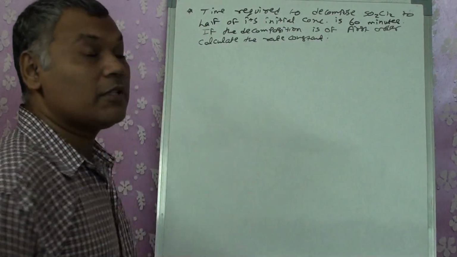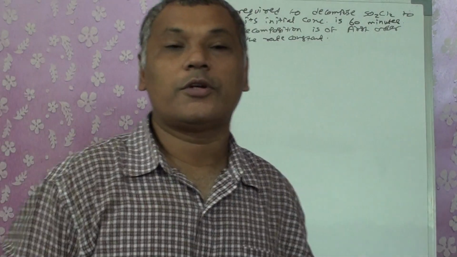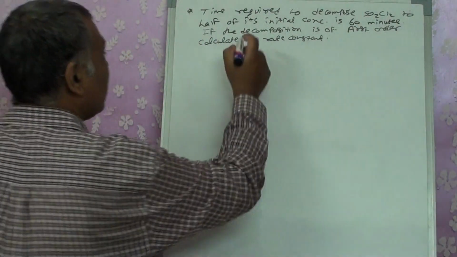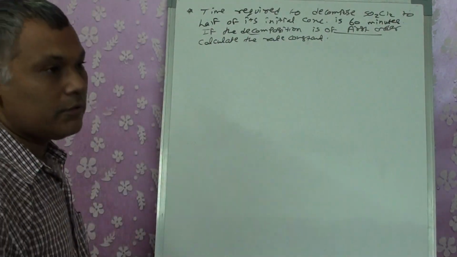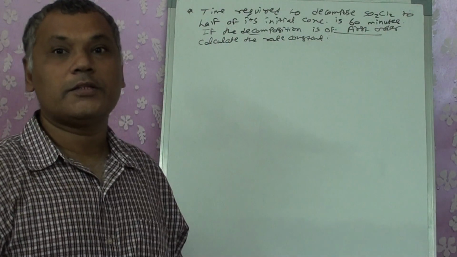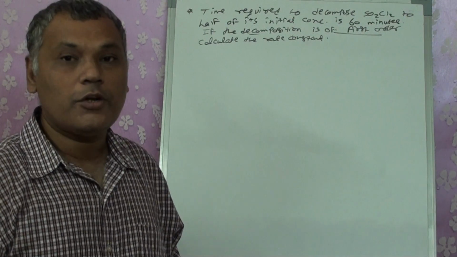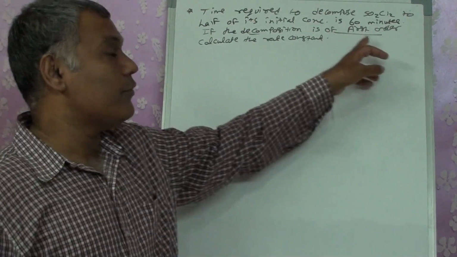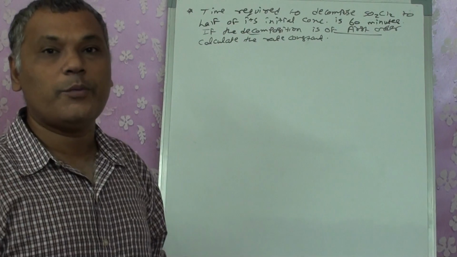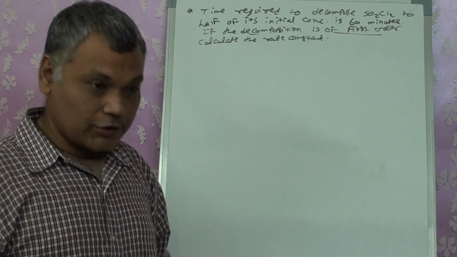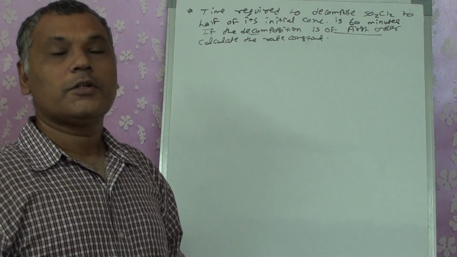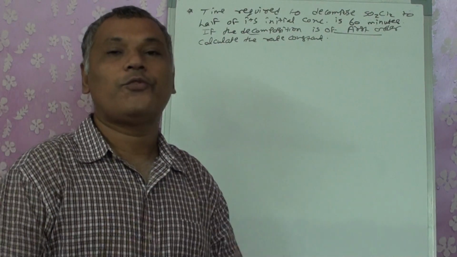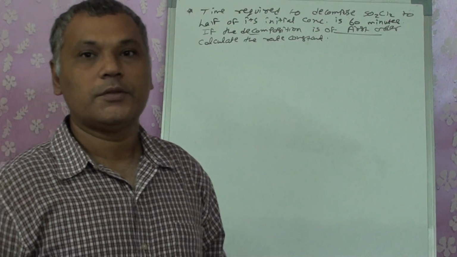Now see, the sum is made very easy for us by saying that the decomposition is of first order. In certain numericals, the condition for the decomposition might not be given to you, so you have to always remember: if the given reaction is radioactive or is a decomposition, then it will always be of first order, that is fixed.